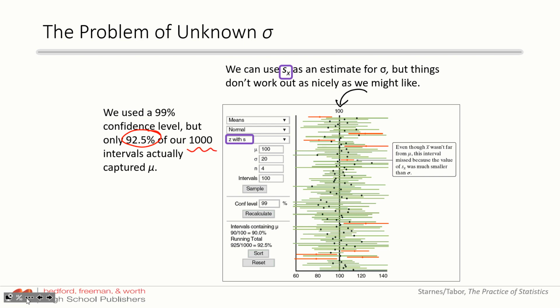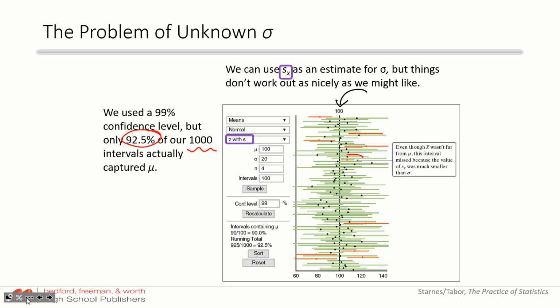The reason is that the s value with each interval I created is different, so some were shorter and some were longer. Look at the red intervals. They're the ones that didn't contain mu. Typically, not all the time, those intervals were a lot shorter than the other ones.